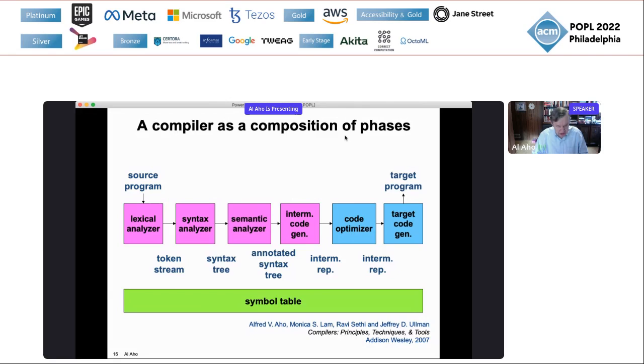Each of the phases of a compiler uses distinctive abstractions. I will now describe in more detail how 3 widely used declarative abstractions, namely regular expressions, context-free grammars, and flow graphs, are used in compiler design.